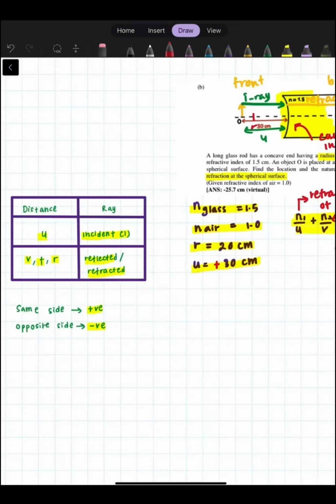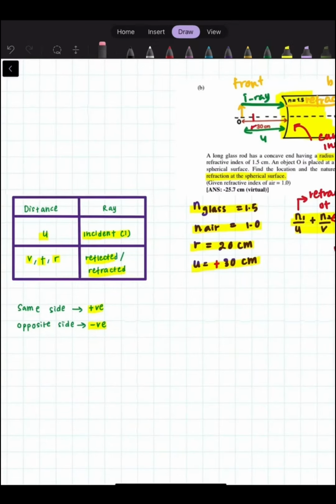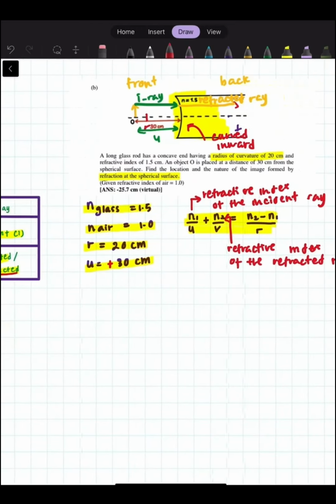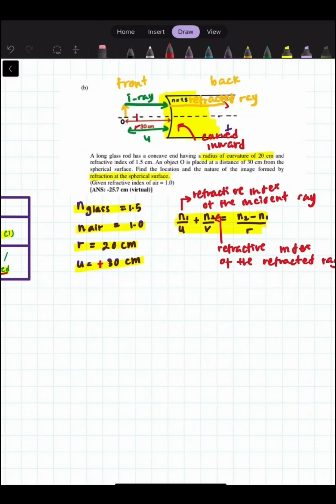Now let's look at r. For r to be a positive value, it must be on the same side as the refracted ray. As you can see here, the incident ray comes in and is then refracted through the glass, and the radius of curvature is on the opposite side from the refracted ray.